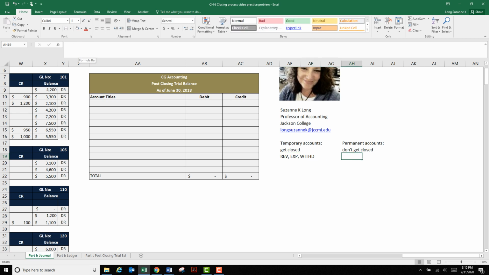Permanent accounts are assets, liabilities and equity.